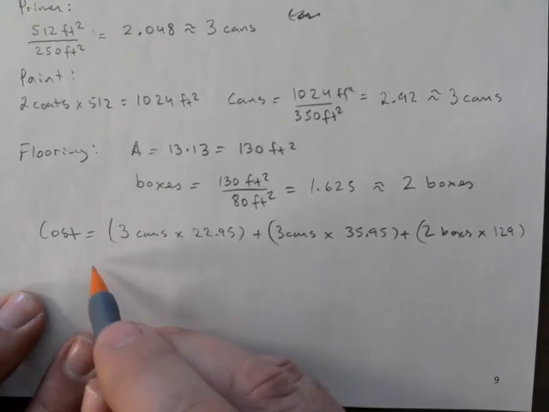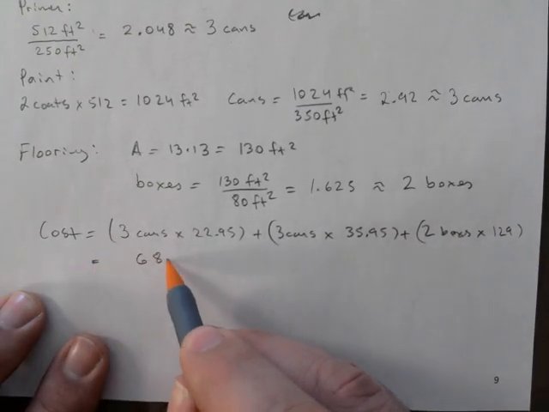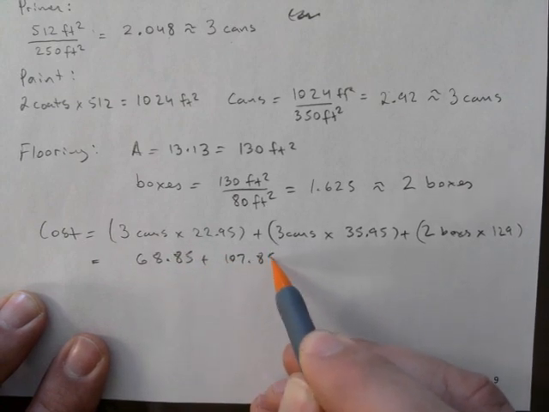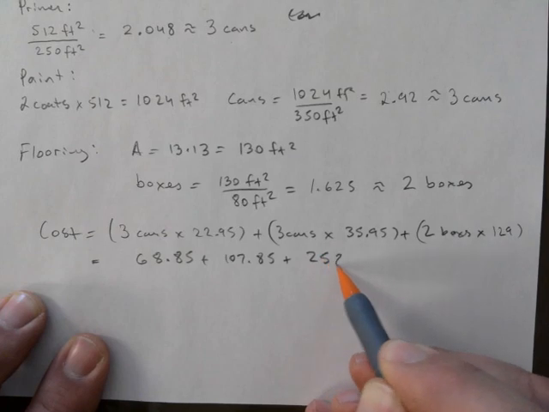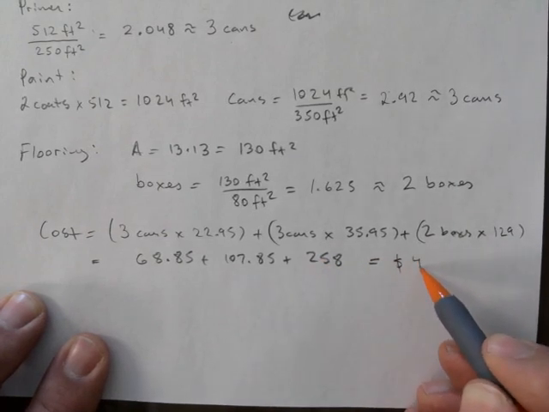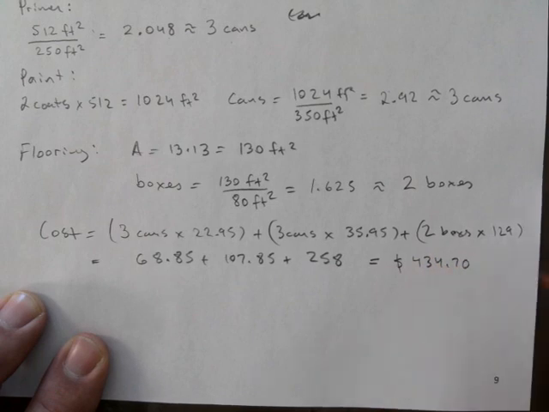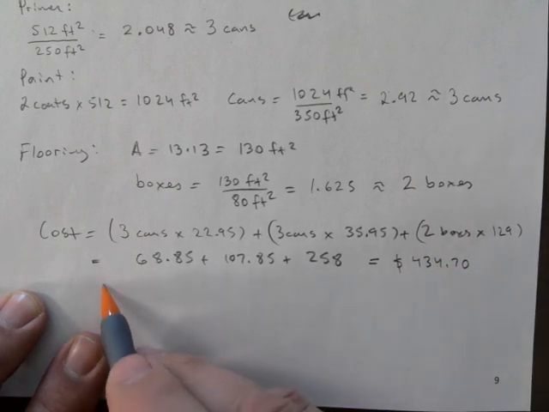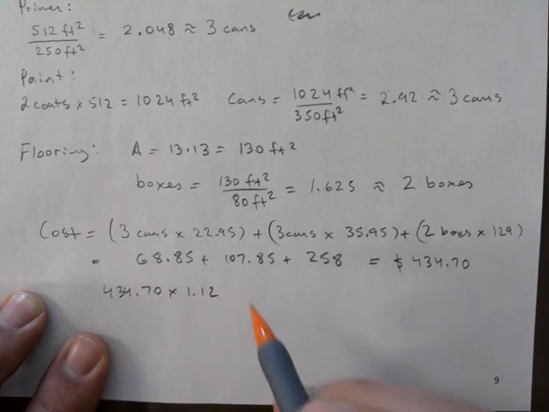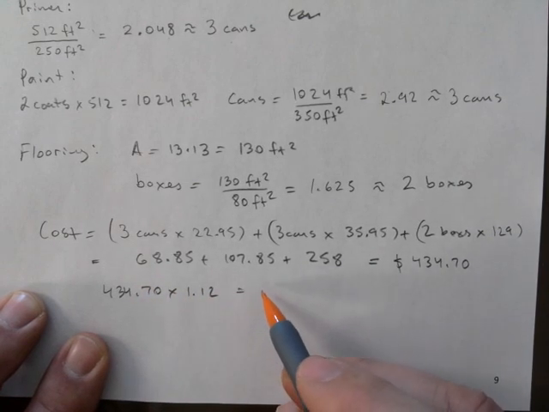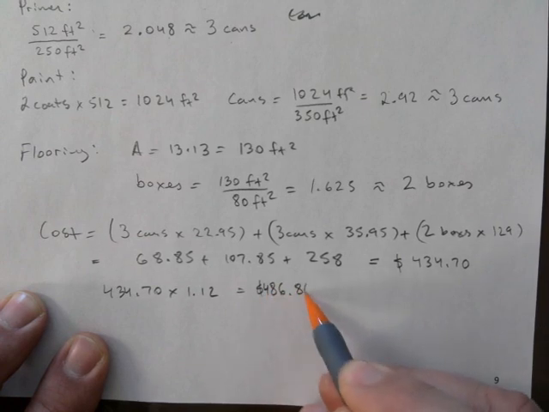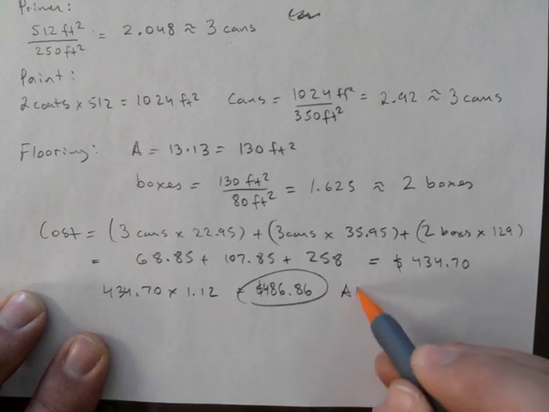That would not be including taxes, but here we go, $68.85 plus $107.85 plus $258. That gives me a subtotal of this much before taxes. So 434.70 times 1.12 is 486.86 after tax.